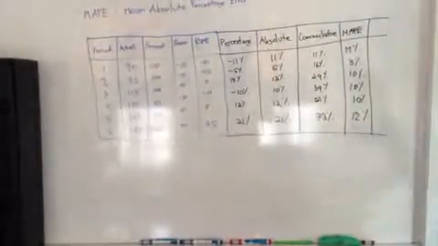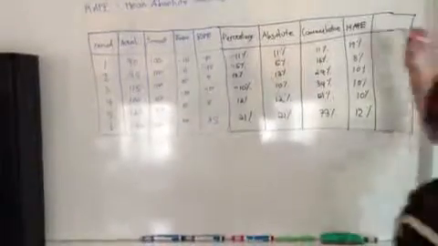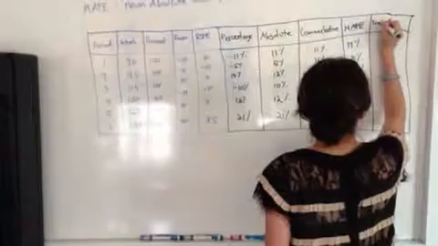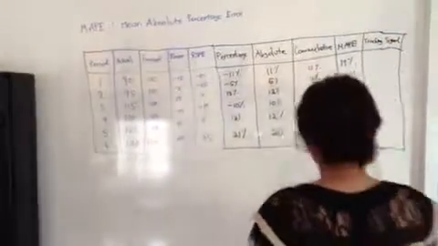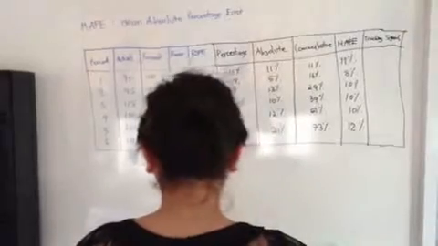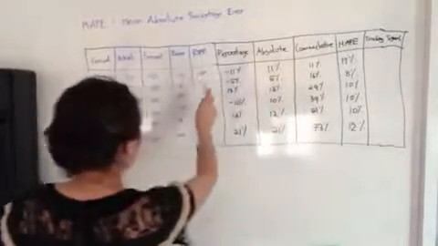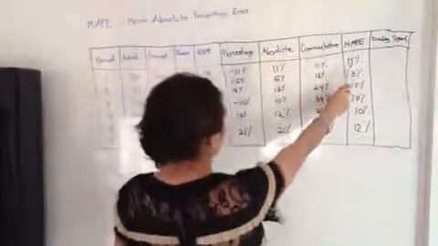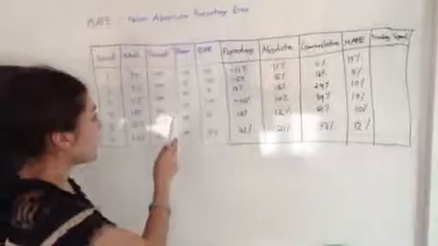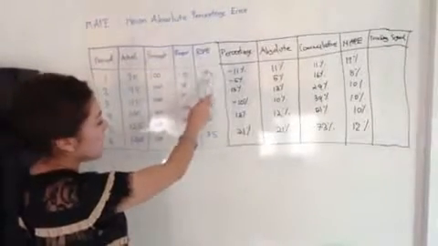Do not forget the last column here is the tracking signal. The tracking signal here, you use the RSFE divided by the MAPE. So for example, during the first period, the RSFE is negative 10.